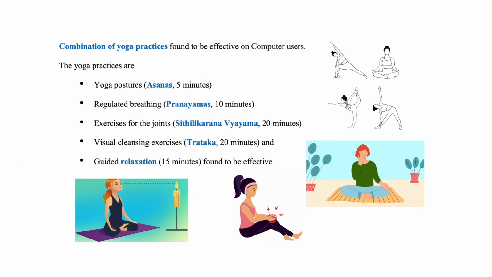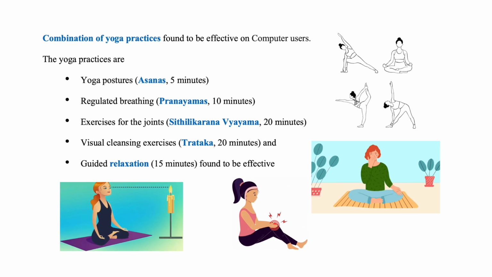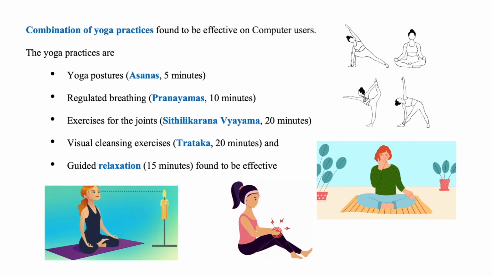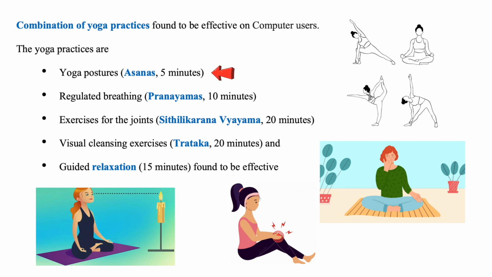Important yogic interventions found to be effective by various studies to control CVS are yoga practices like asanas for 5 minutes, regulated breathing, that is pranayama, for 10 minutes, exercises for joint, shitalikarana vyayama, 20 minutes, visual cleansing exercises, Trataka, for 20 minutes, and guided relaxation.